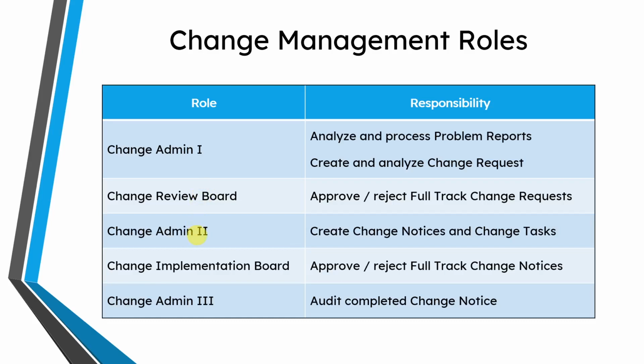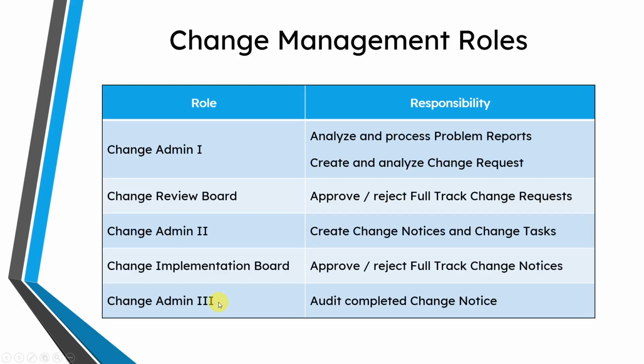Then you have the Change Admin 2, and the Change Admin 2 can create change notices and change tasks. And again, if it's going through a full track process, then you're going to have a change implementation board that's going to oversee, as the name implies, the implementation of that change notice. And the final role that we'll discuss here is the Change Admin 3.